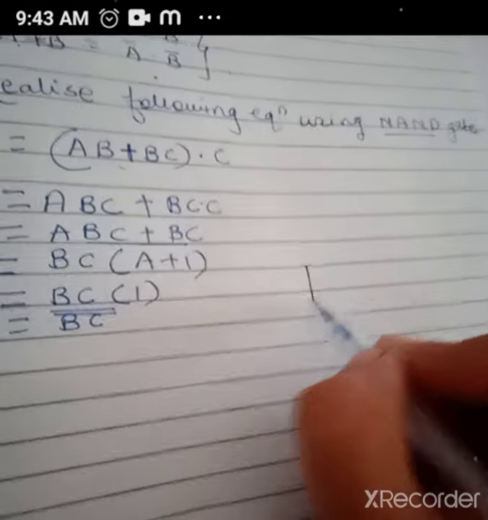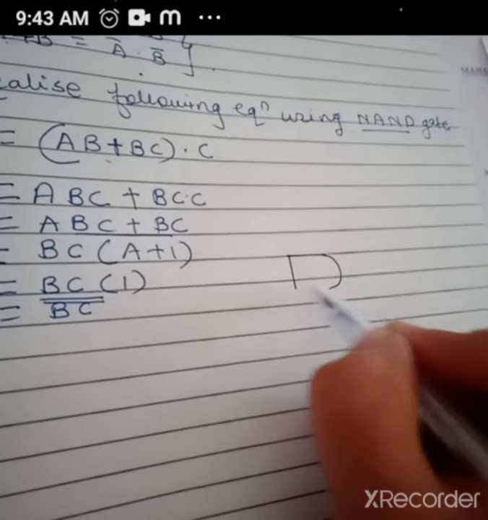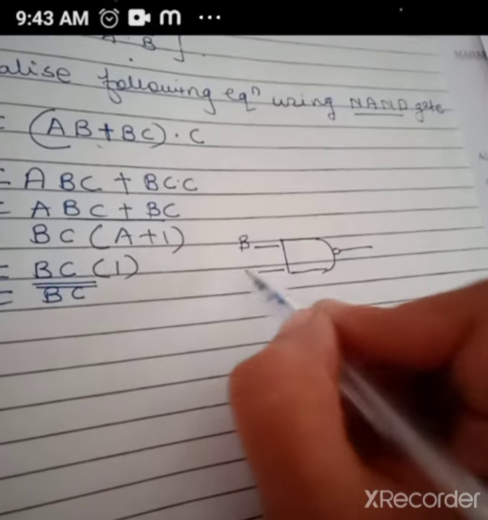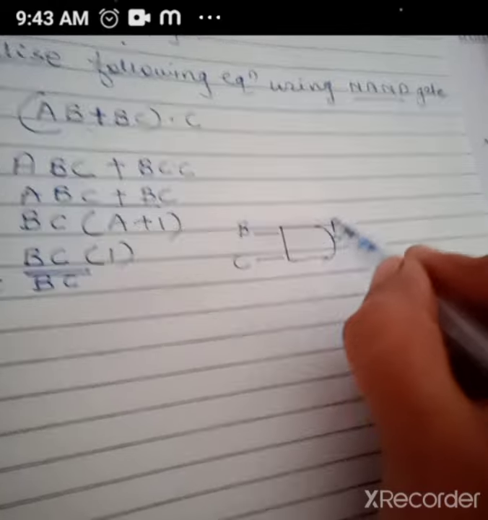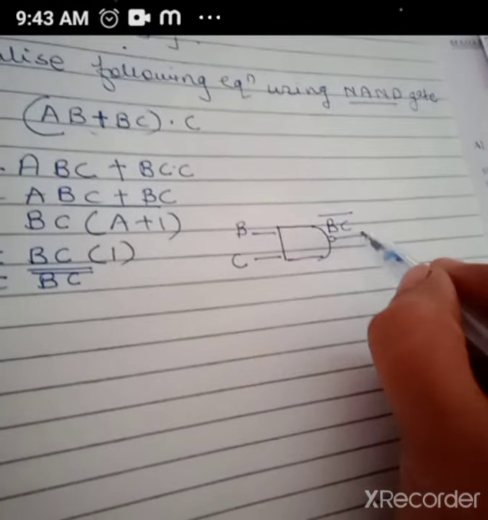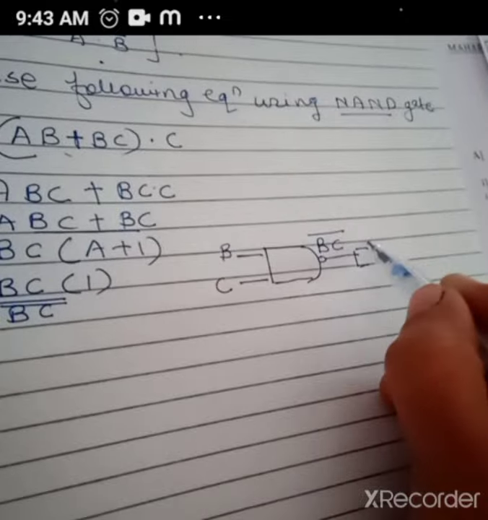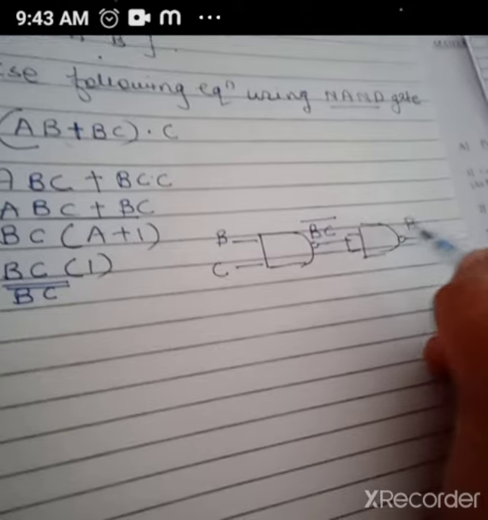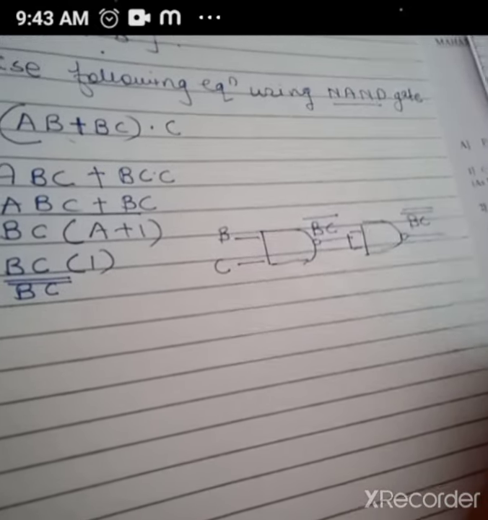Now you have to draw the logic diagram for this. If you take one NAND gate and give B and C as input to it, it will produce B into C bar. But here we want double inversion, that's why we will use a NAND inverter here, which will give you B into C double bar, right?